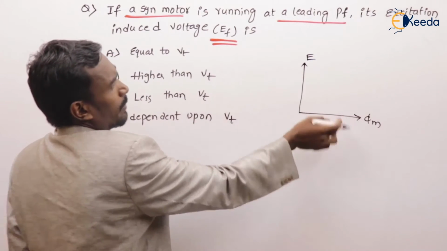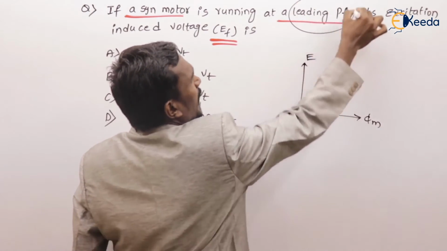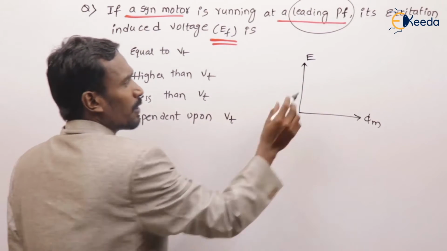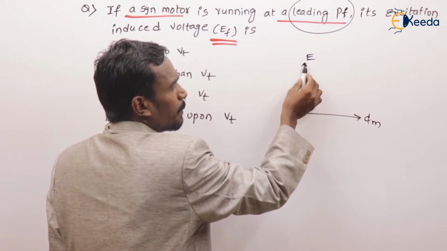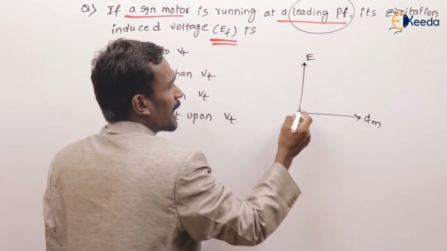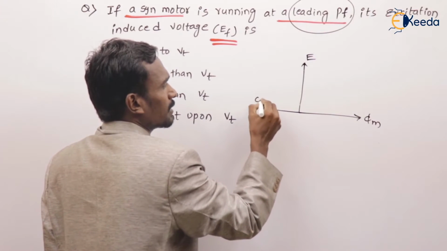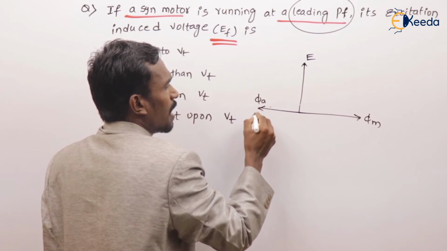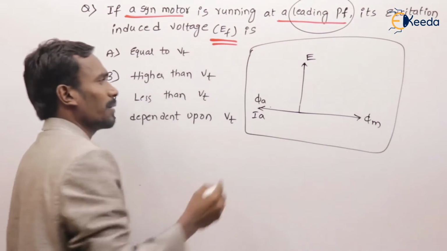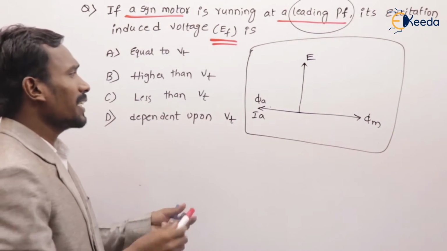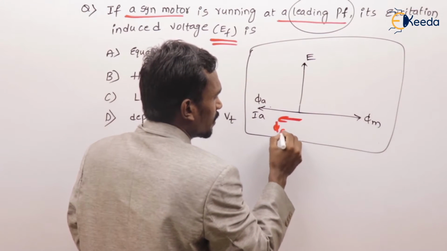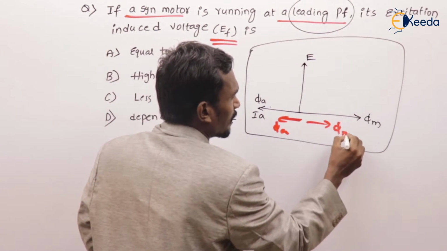Leading power factor means the armature current is 90 degrees leading, and this is my armature current and armature flux. Let's see what happened here. This is the armature flux direction and this is the main field flux direction.